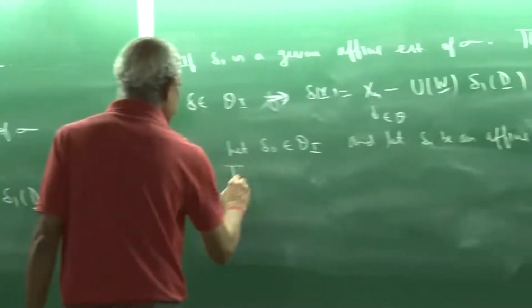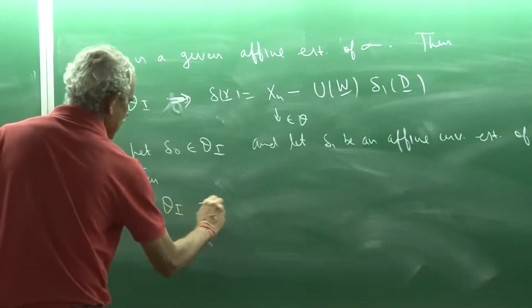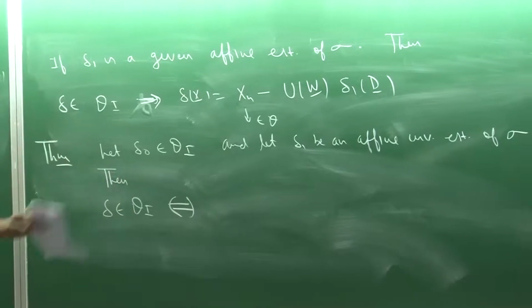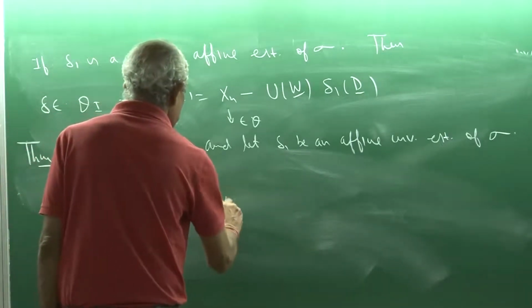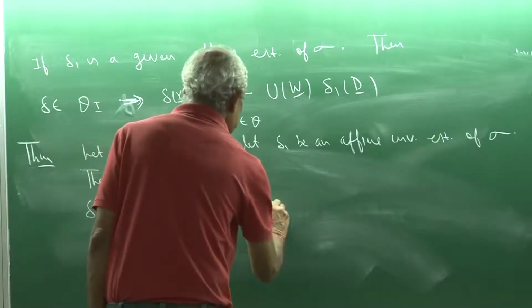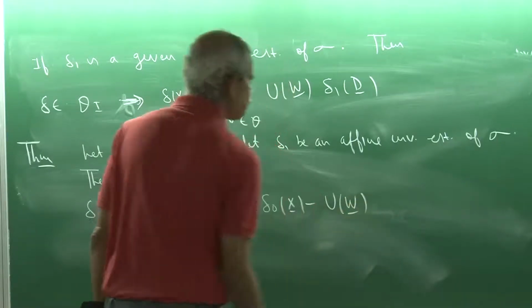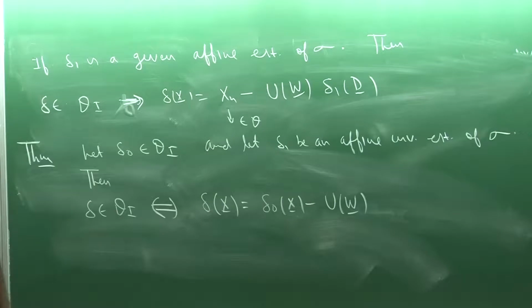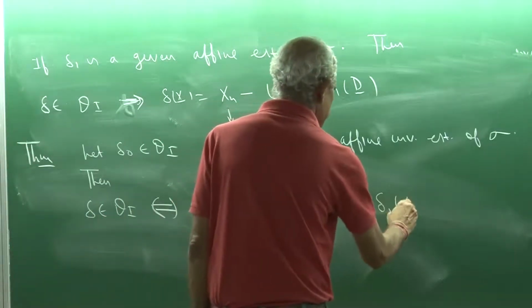Then delta belongs to D, that means delta is any other affine invariant estimator of mu, if and only if delta x is of the type delta naught x minus u of w times delta 1 x.